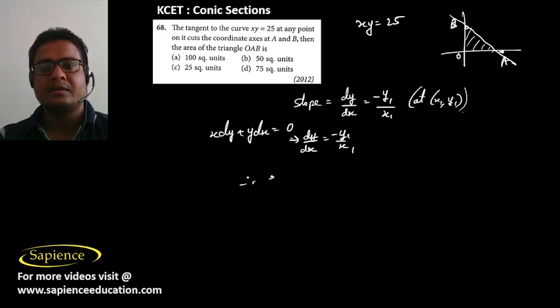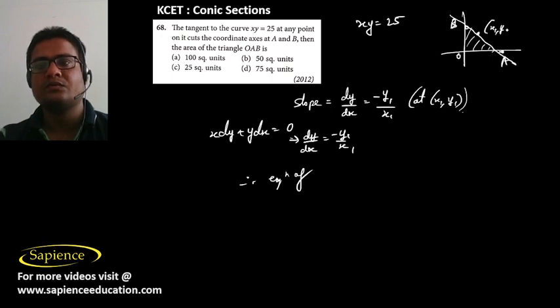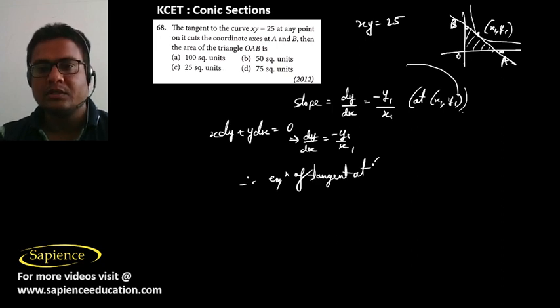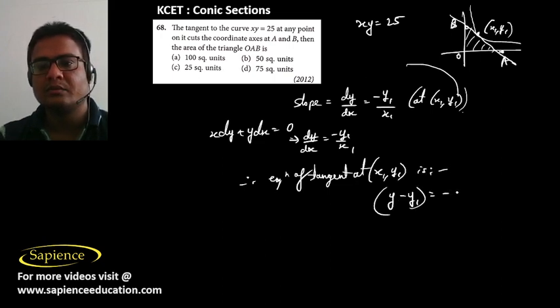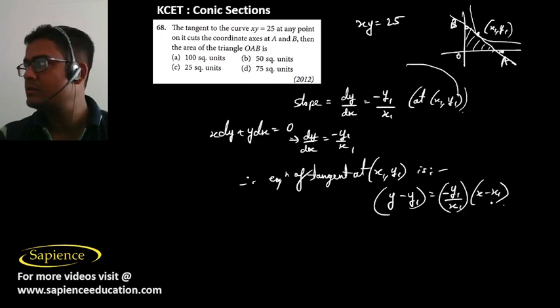Therefore the equation of the tangent at the point (x1, y1) is y minus y1 equal to minus y1 by x1 into (x minus x1).